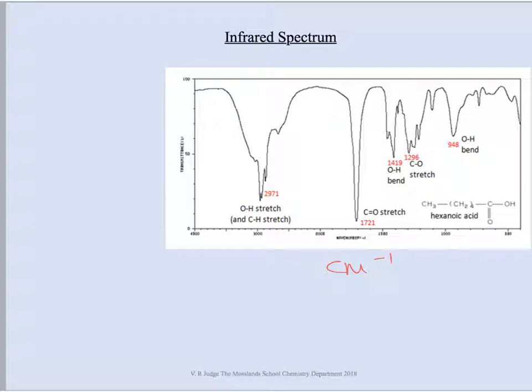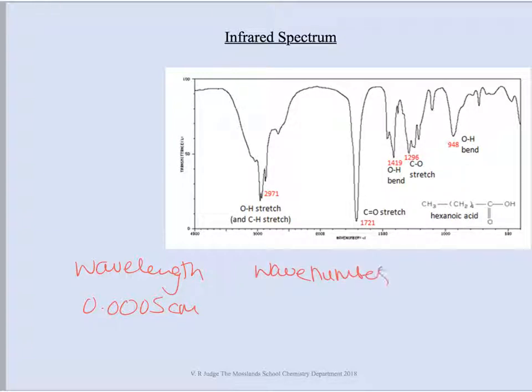So it's the same as 1 over centimetres. So it's a bit like wavelength, it's the reciprocal of wavelength, the inverse of it. So if you've got a wave and its wavelength is 0.0005 centimetres, to convert that into wave numbers, you just do 1 over the wavelength. 1 over 0.0005, and your units would be in 1 over centimetres.